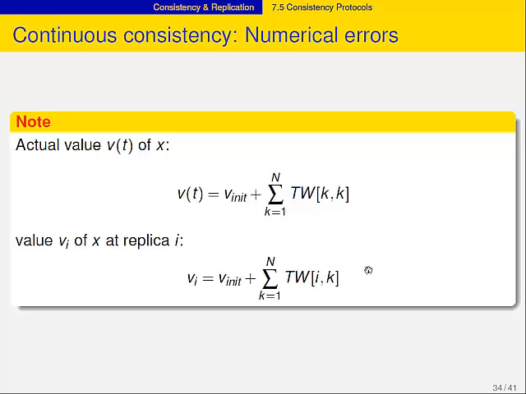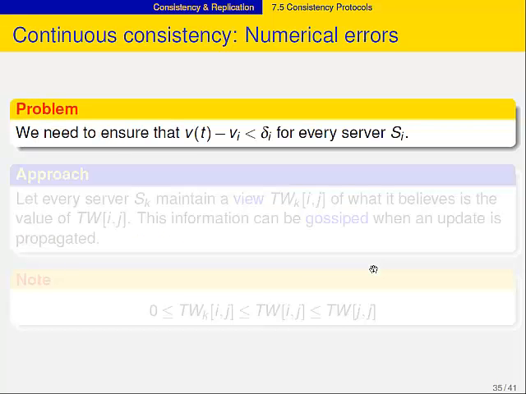Your suffering is not over. What I now need to do is to ensure, and now we're talking about continuous consistency, that the actual value of x minus what I see at a server is always less than a certain parameter delta i. And I'm going to make life easy.